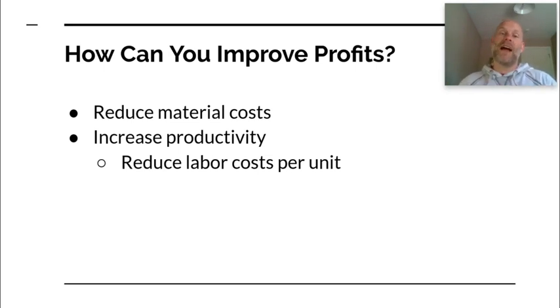That's how factories calculate their productivity, and then they try to increase it. So if you can create 100 units in an 8-hour day, then they'd want to find ways to create 120 in an 8-hour day, without increasing their costs. That way you reduce your labor cost per unit. So increasing your productivity is a way to improve your profits.